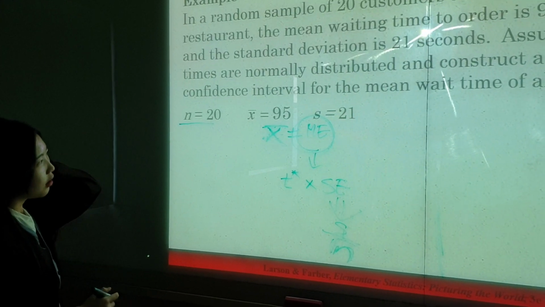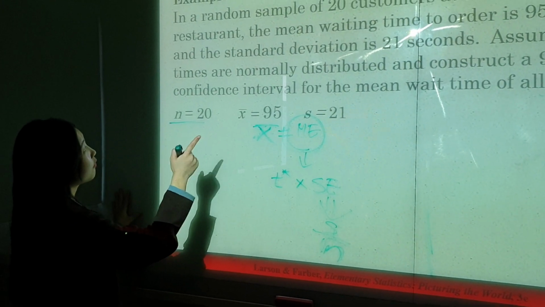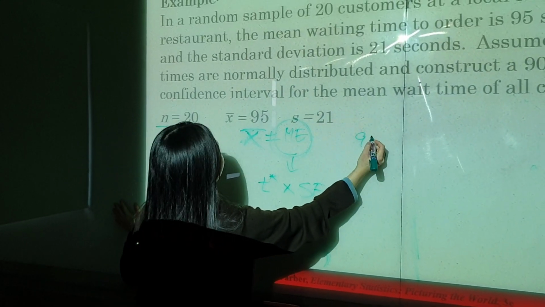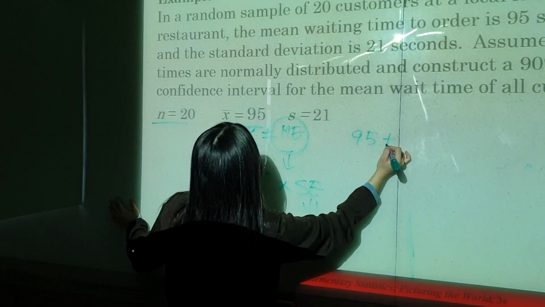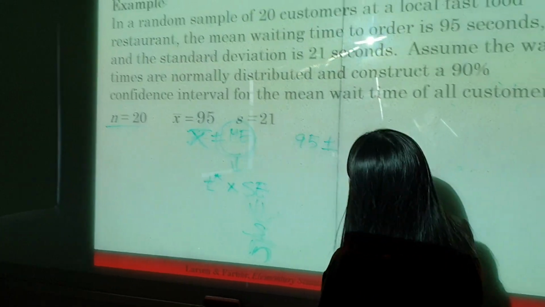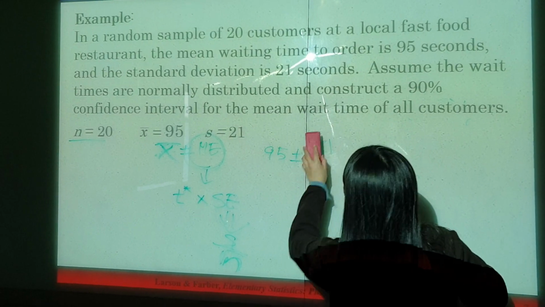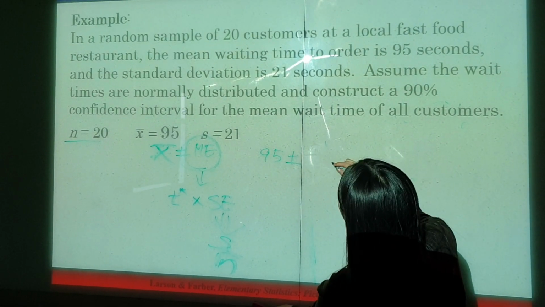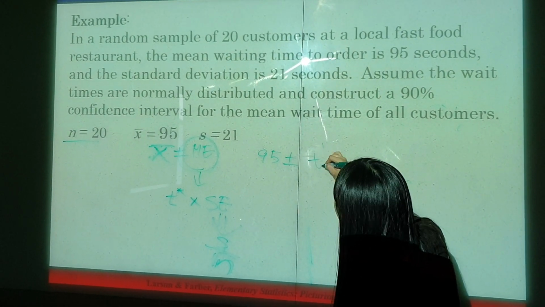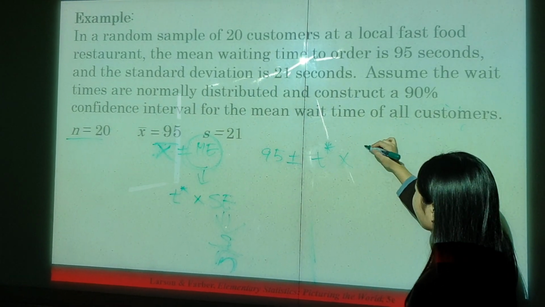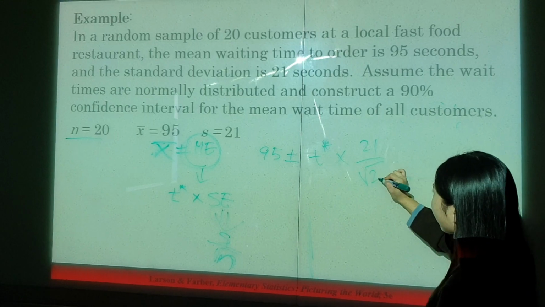So, for the confidence interval, we can write 95 plus minus t times 21 over root 20, like this.